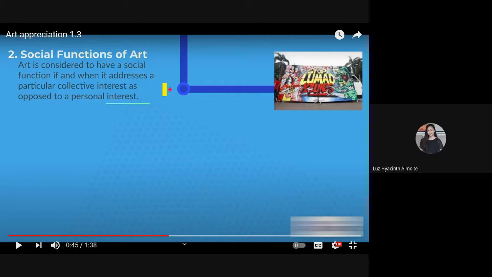Anything that may convey a message of protest or contestation is a way of showing the social functions of art.